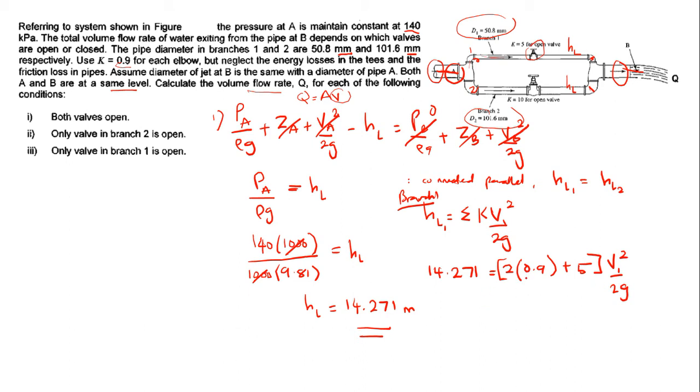We can solve this to find the V. 14.271 equals 1.8 plus 5, times V1 squared over 2g. So V1 squared over 2g equals 14.271 divided by 6.8, and we get 2.098.